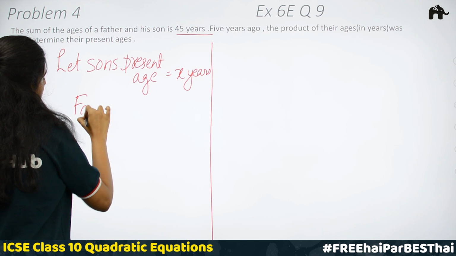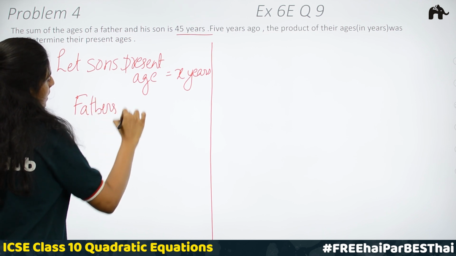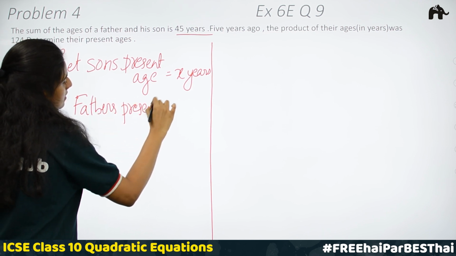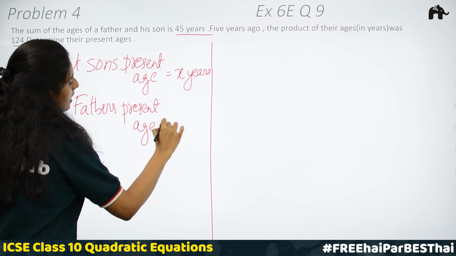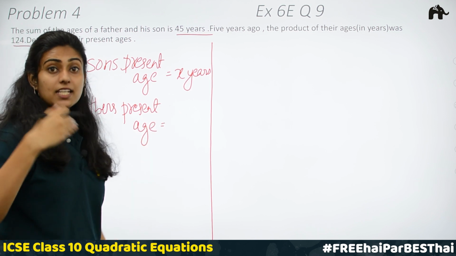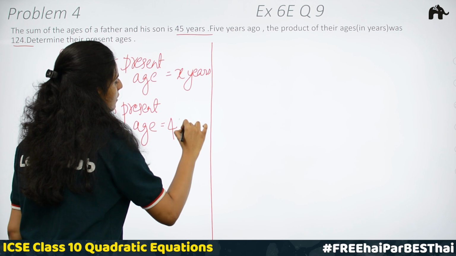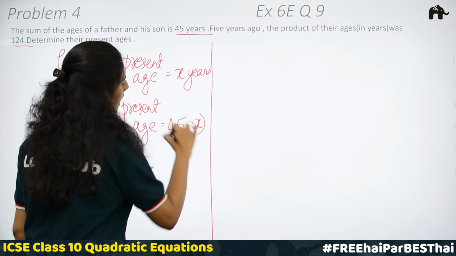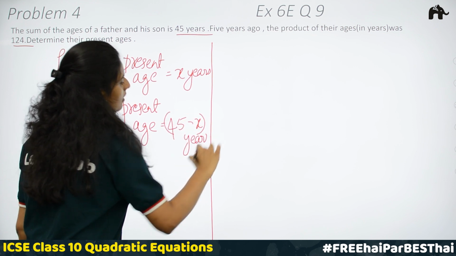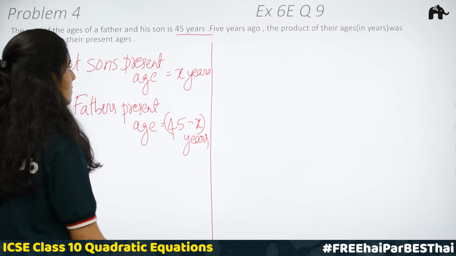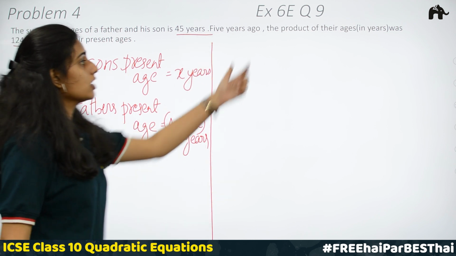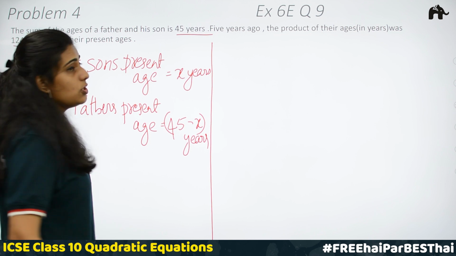Father's present age is equal to 45 minus son's present age. 45 minus x years. 5 years ago, the product of their ages in years was 124.